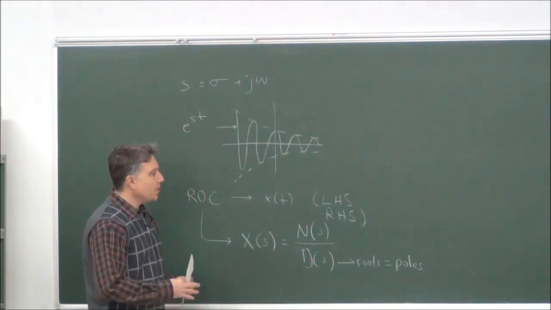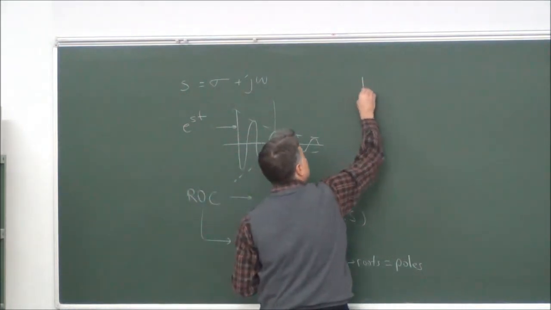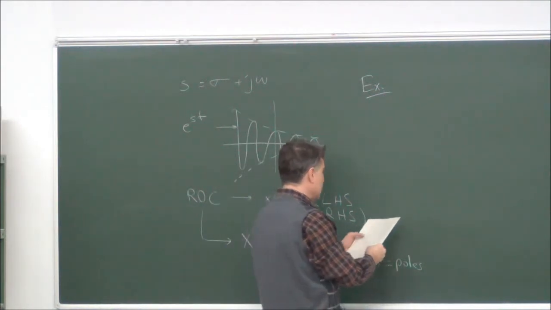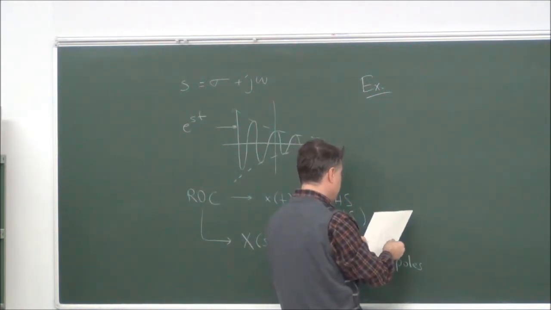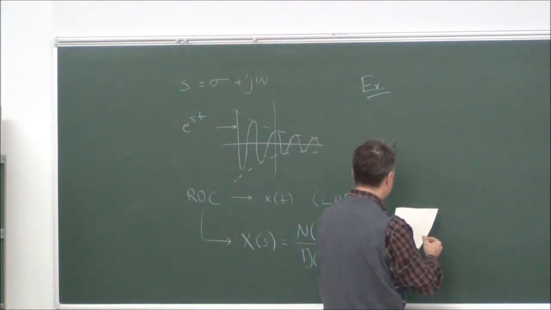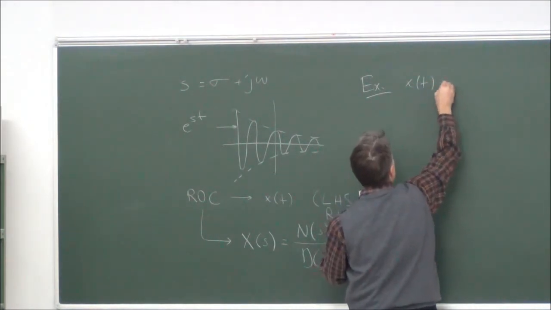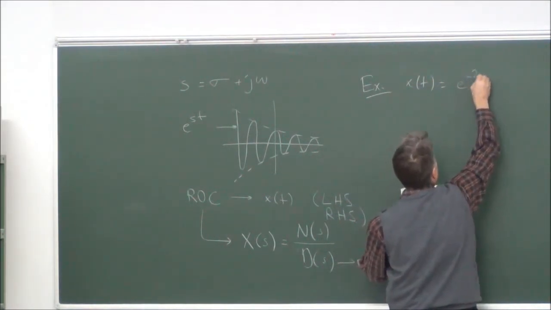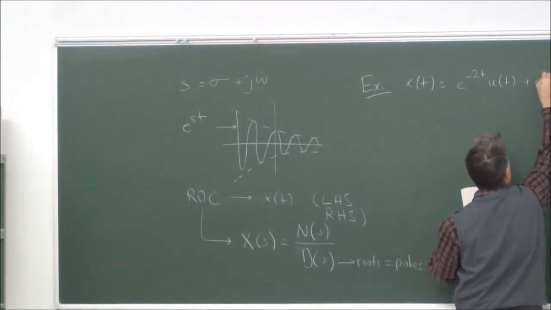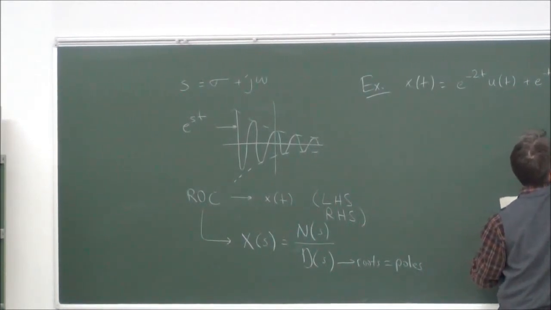But we didn't mention the roots of the numerator polynomial. Let's consider our last example again that we have seen in the last hour, one of the last examples. Let's take a look at this one. x of t is equal to e to the minus 2t u of t plus e to the minus t cosine 3t u of t.